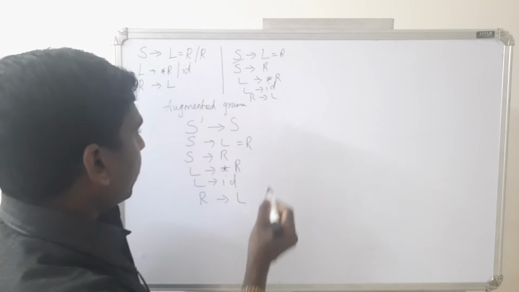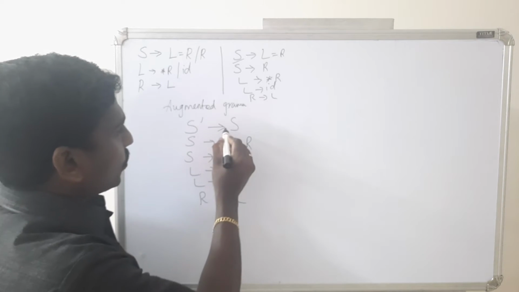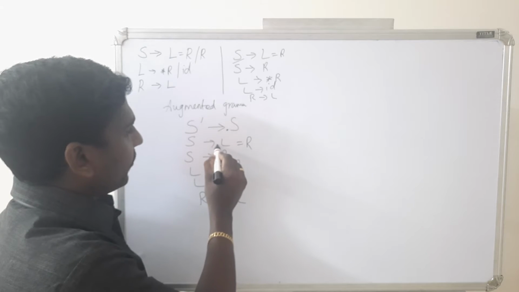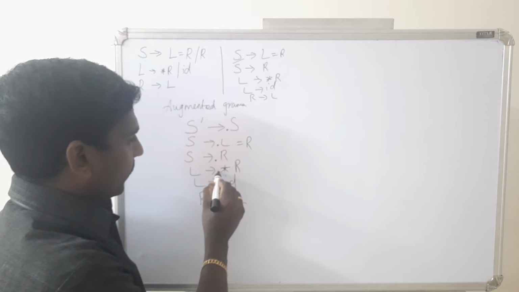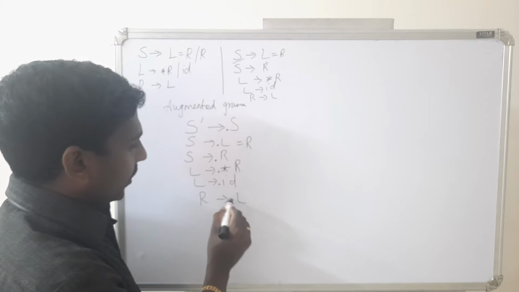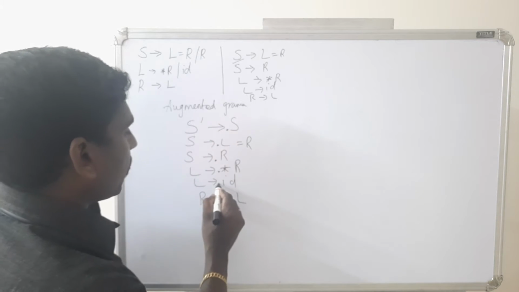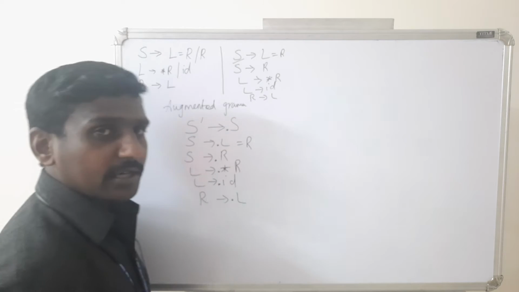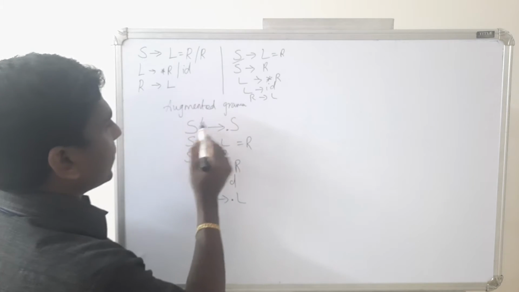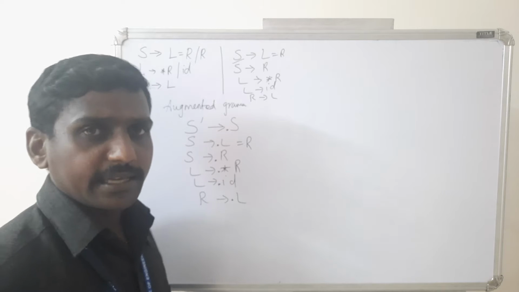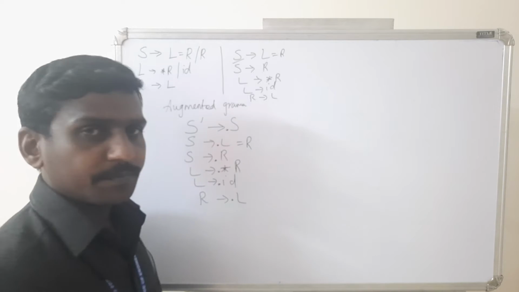Then in this grammar you have to put a dot before the first production. This is called the augmented grammar. Once again, how I wrote the augmented grammar: S is the start symbol, so I write S dash tends to dot S. That means before S you put a dot.